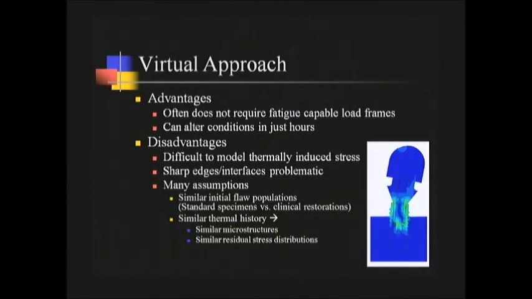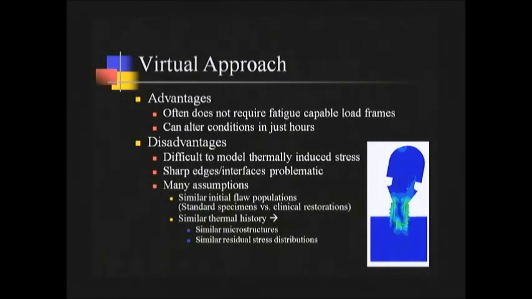Another problem is that with the finite element modeling, usually it's the sharp edges and the interfaces between materials where we're most interested in knowing the stress. And finite element modeling has a bad habit of not converging in these areas, so you don't know if your stress is going to be very accurate in the areas you are most interested in, the likely failure areas of the restoration.